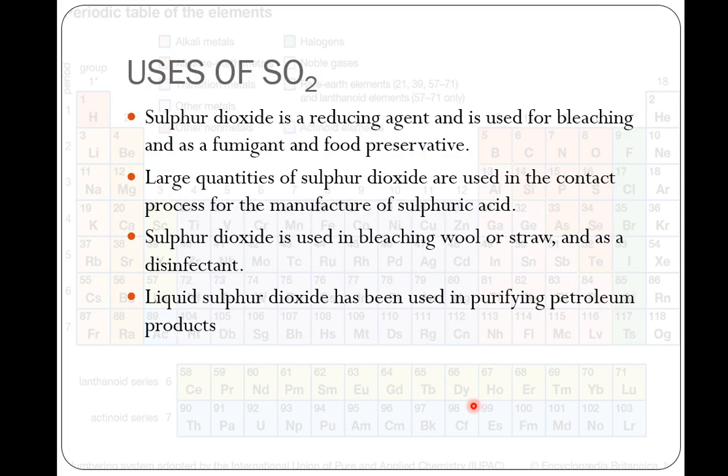Uses of sulfur dioxide. Reducing agent used for bleaching. Large quantities of sulfur dioxide are also used in contact process for the manufacture of sulfuric acid, used in bleaching of wool, straw, as a disinfectant. Liquid sulfur dioxide is also used in purifying petroleum products.